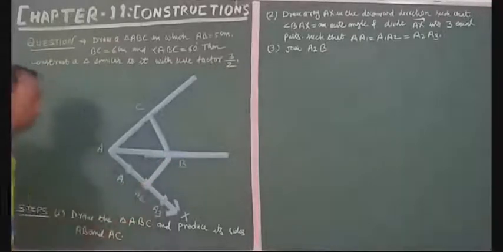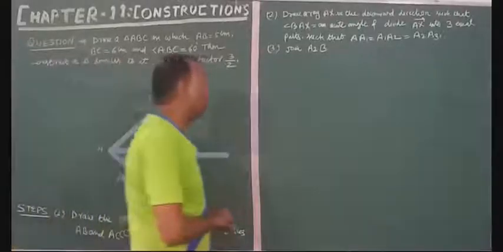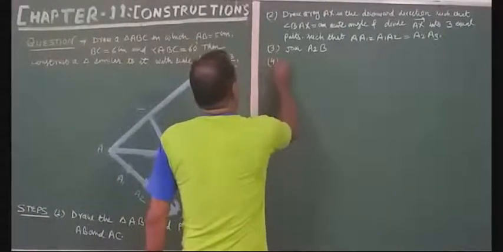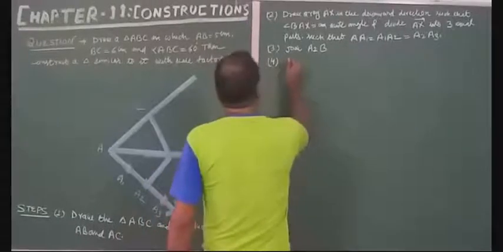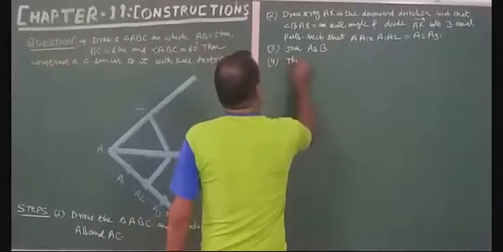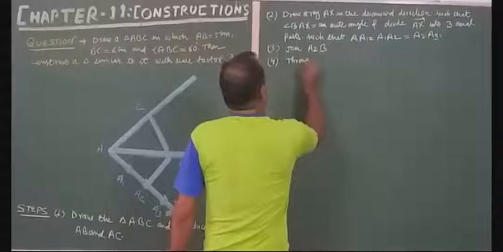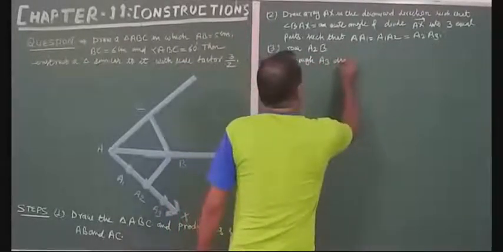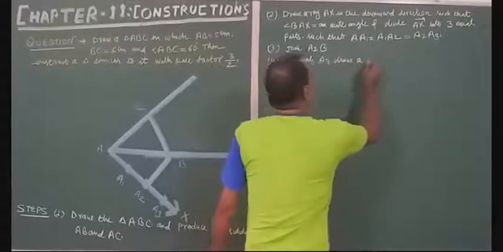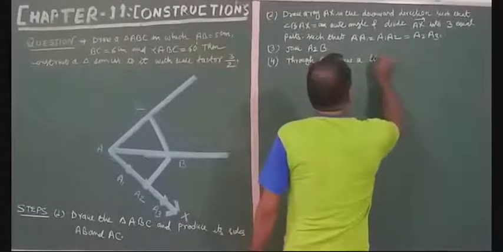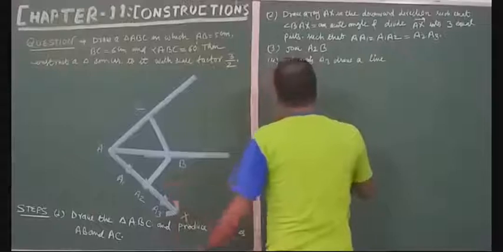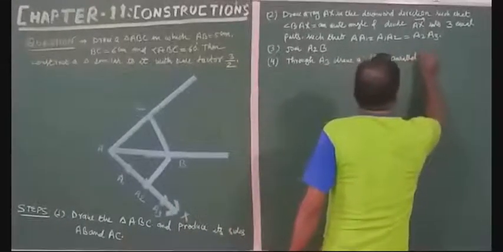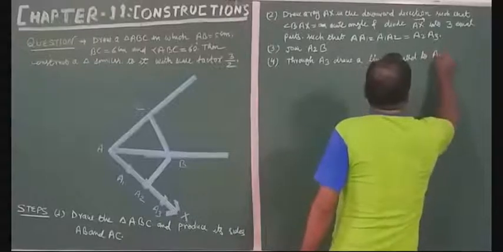Is it there? Now, through point A3, draw a line parallel to which one?